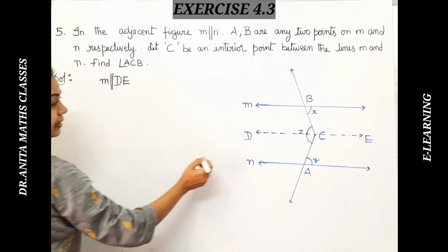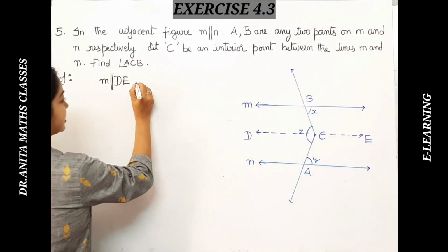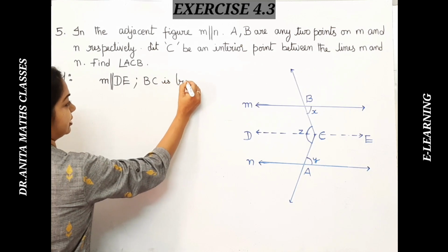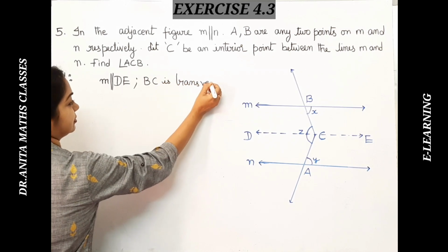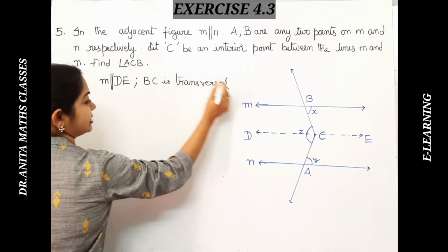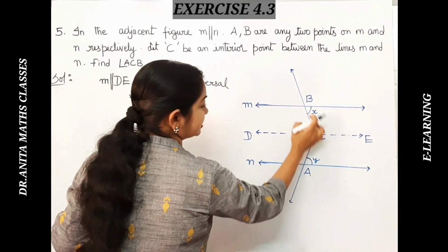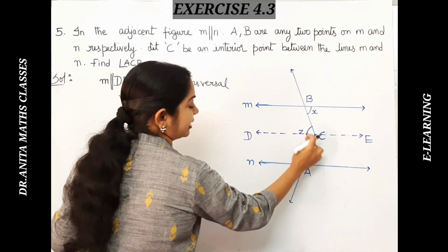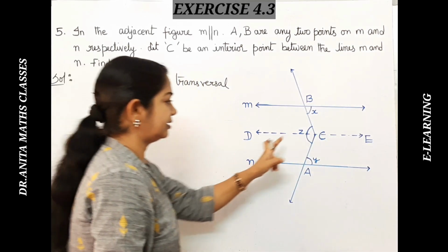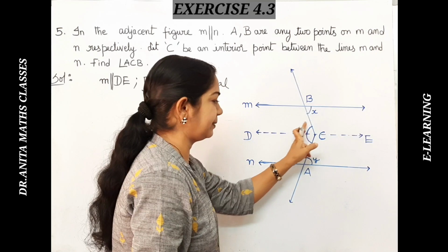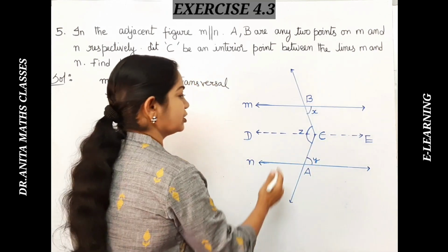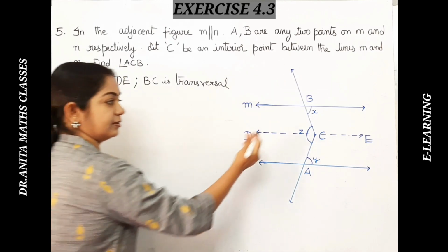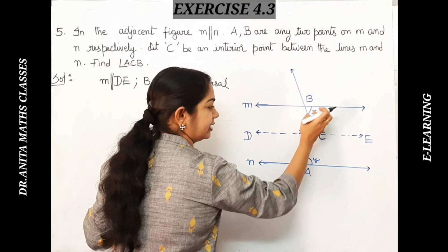Okay. And I'll suppose BC as a transversal. So when 2 lines are parallel and BC is a transversal, this angle X and this part of angle Z, let this complete be angle Z, isn't it? So the angle BCD are what are called alternate interior angles.